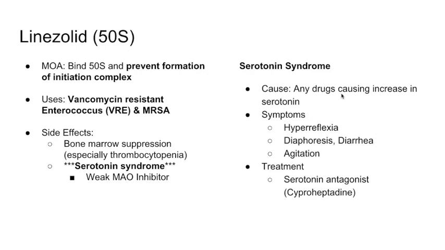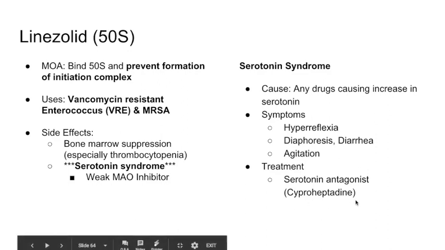It's caused by any drugs causing an increase in serotonin. The symptoms are pretty much excitation, so anything that's excitatory: hyperreflexia, diaphoresis, diarrhea, because there are serotonin receptors in the gut, and agitation. The treatment is a serotonin antagonist called cyproheptadine.